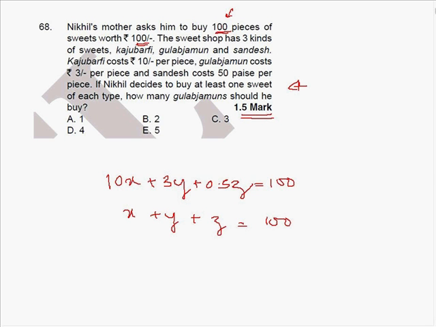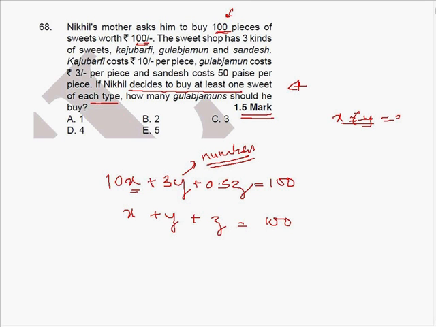Then if Nikhil decides to buy at least one sweet of each type, how many gulab jamun should he buy? Basically, x, y, z are not equal to 0. What you need to understand is that these are not simultaneous equations, these are numbers or integers. So we basically have to solve these.